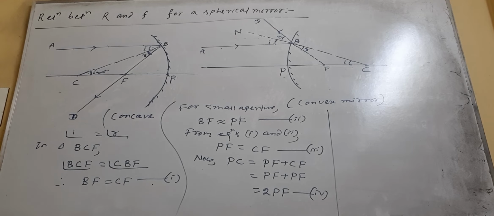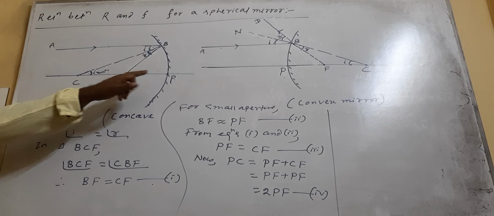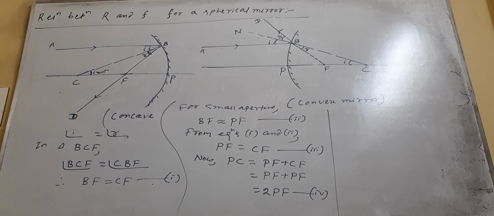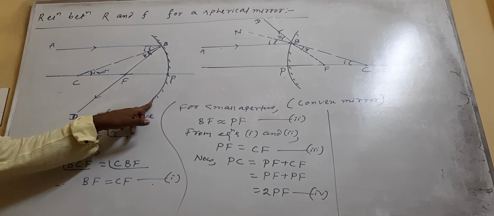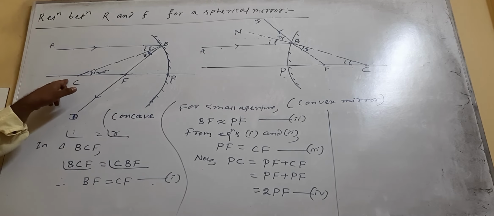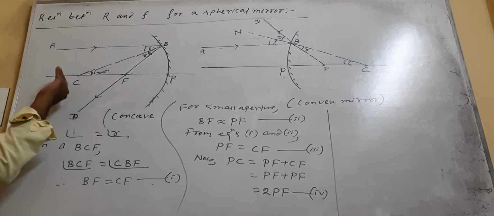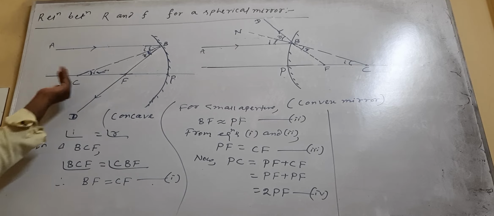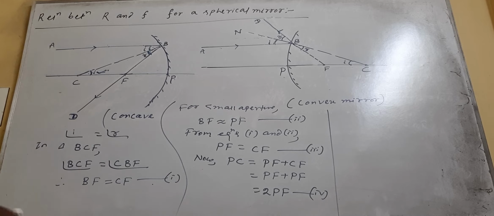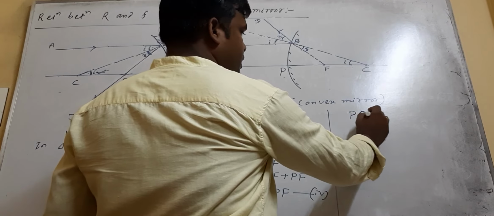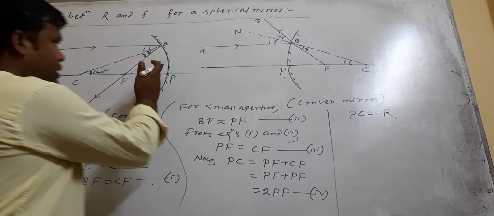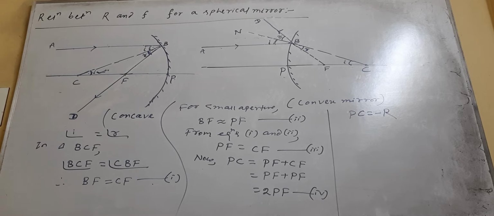So now you use the convention. PC is the distance from the pole to the center of curvature, so PC is the radius of curvature. For this concave mirror, what is the sign of the radius of curvature? As per the Cartesian convention, it is a left measurement, and a left measurement means it is negative. So PC is minus R for this mirror. And what is PF?